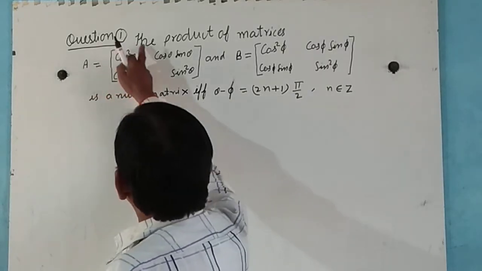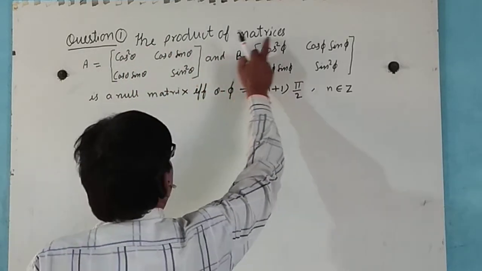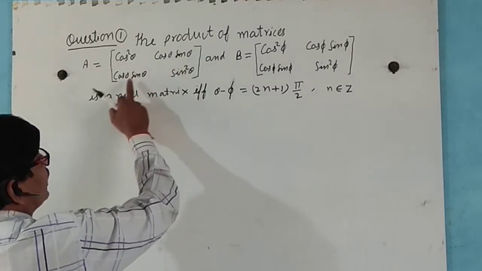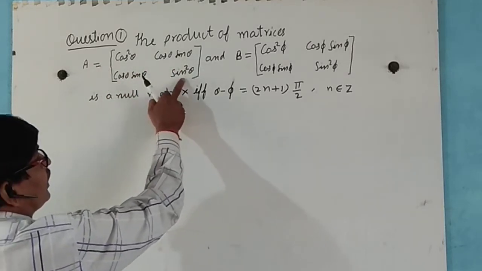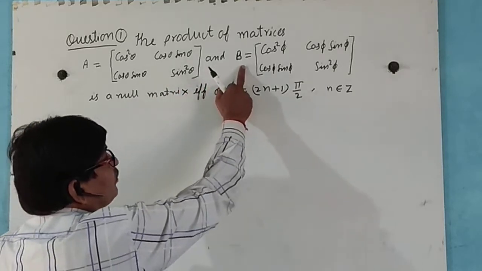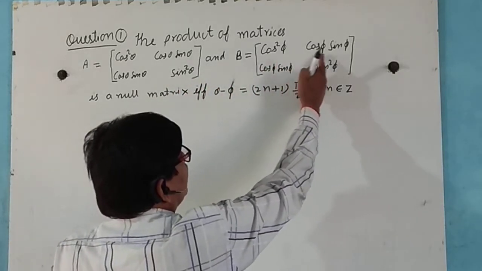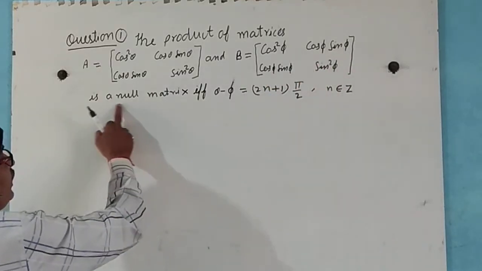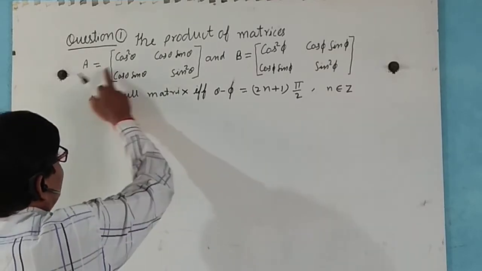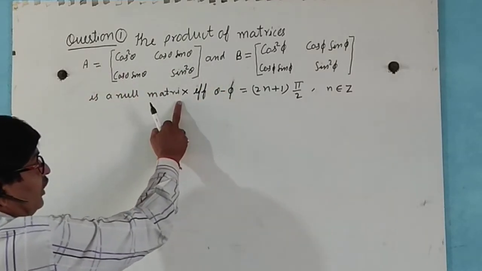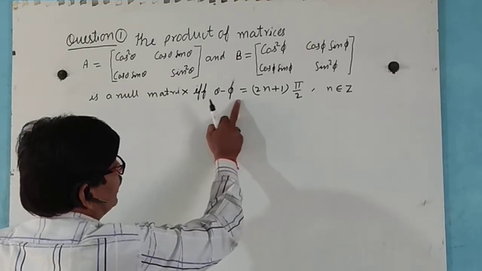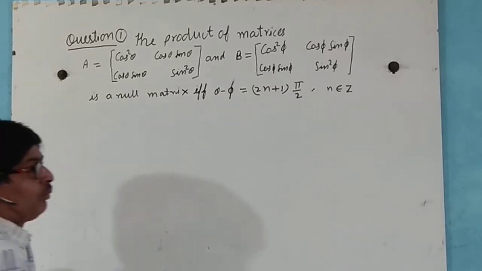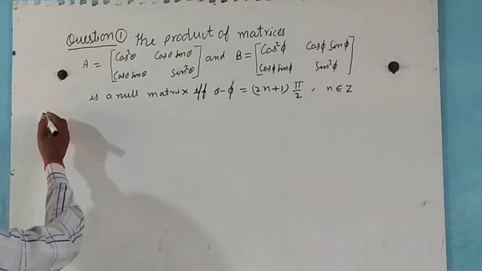Question number 1: the product of matrices A, cos square theta, cos theta sin theta, cos theta sin theta, sin square theta, and B, cos square phi, sin phi cos phi, sin phi cos phi, and sin square phi, is a null matrix. If AB is a null matrix, then we have to show that theta minus phi equals (2n plus 1) pi by 2, where n belongs to Z. Now, the solution.